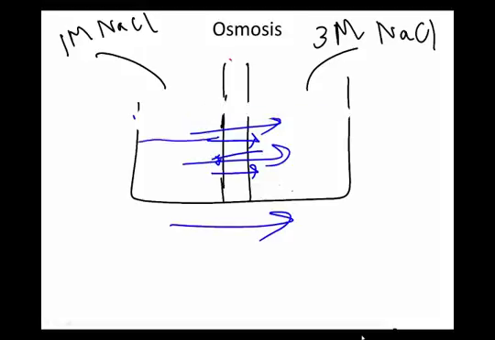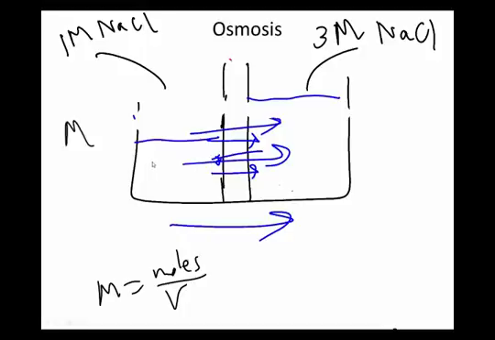Okay, so remember, molarity equals moles per volume. It's important to note, solute isn't allowed to pass through here. So all of the solute that was over here is still over here. All of the solute that was over here is still here. It's just that the volumes are changing. So what is happening to the concentration on the left-hand side is the volume is going down.